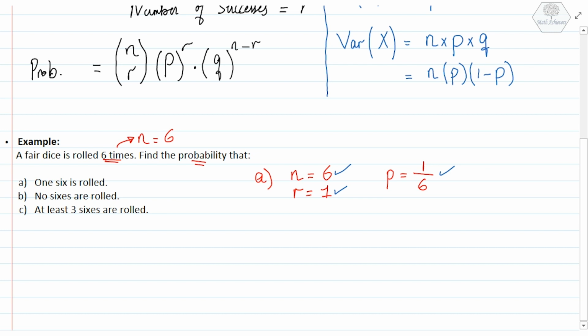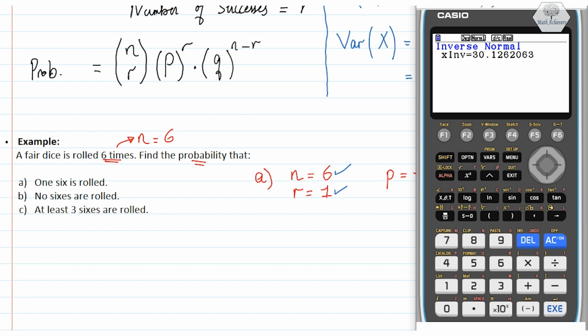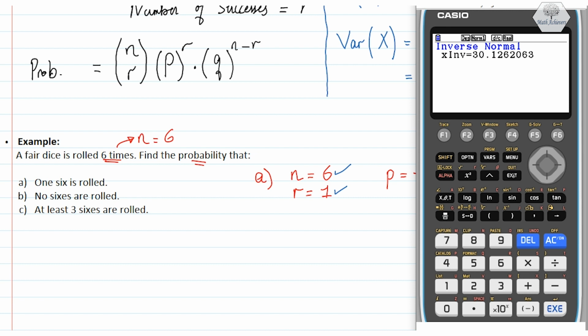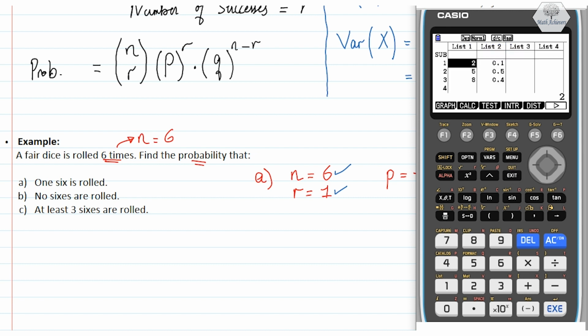out of 6 times. So I go to my graphical display calculator, I go to menu, I go to statistics, exit, and I go to distribution, which is DIST. I go to binomial, and I go to binomial probability distribution because I want only one 6 to be rolled.